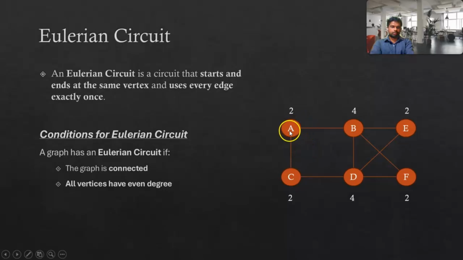For example, in this graph, the whole graph is connected together and all vertices have an even degree. A has 2, B has 4, E has 2, and so on.